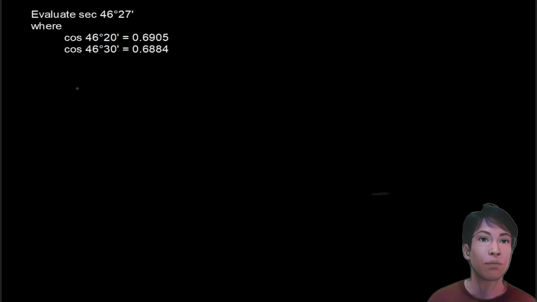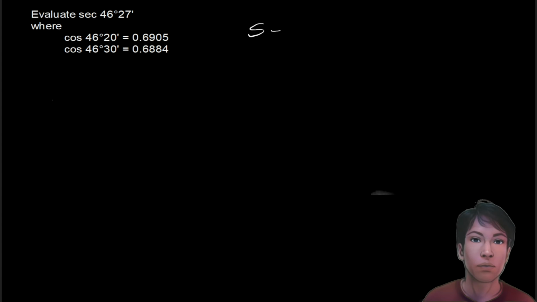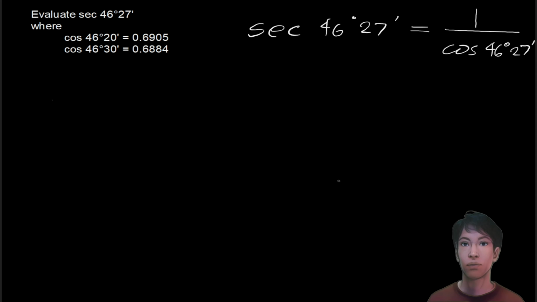So, first thing to do, let me write this first. Secant 46 degrees 27 minutes is actually equivalent to 1 over cosine of 46 degrees 27 minutes.